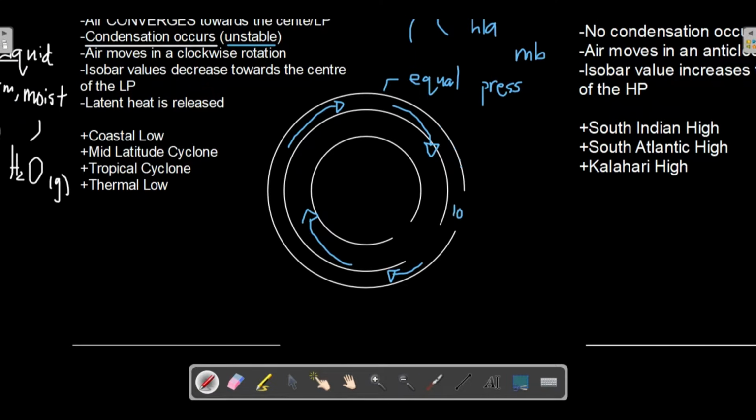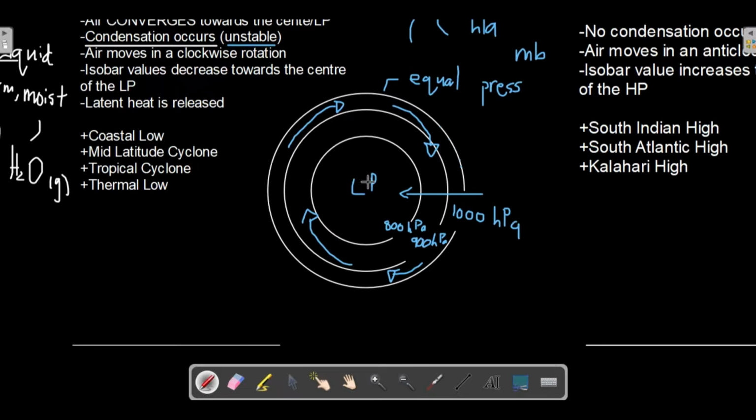So let's say the isobar on the outer part is 1,000 hectopascals, then this is 900 hectopascals, and then this is 800 hectopascals. As you can see, the pressure is decreasing towards the center. So that's how you would see that this is indeed a cyclone.